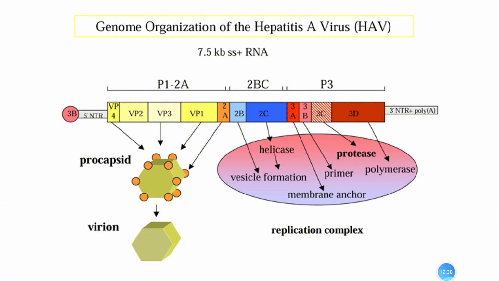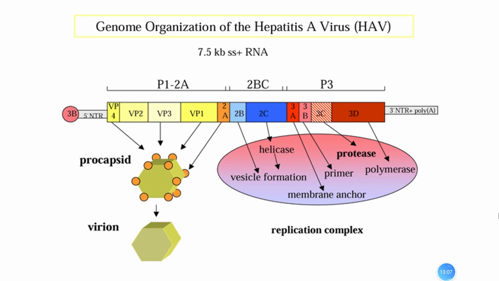This is the genome of HAV, total size 7.5 kb, single-stranded positive sense RNA. You don't have to remember the details of the genome structure, but we should know that the 5' end mainly encodes the structural proteins, like the procapsid and the proteins of the virion.